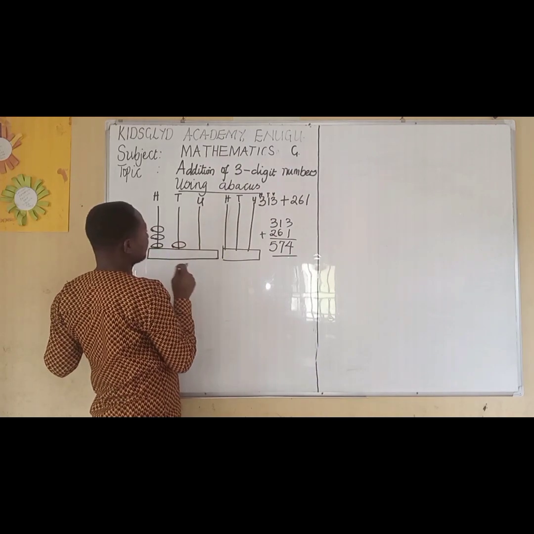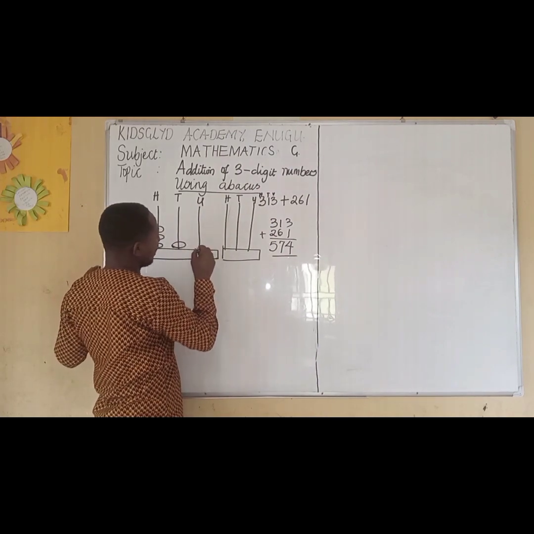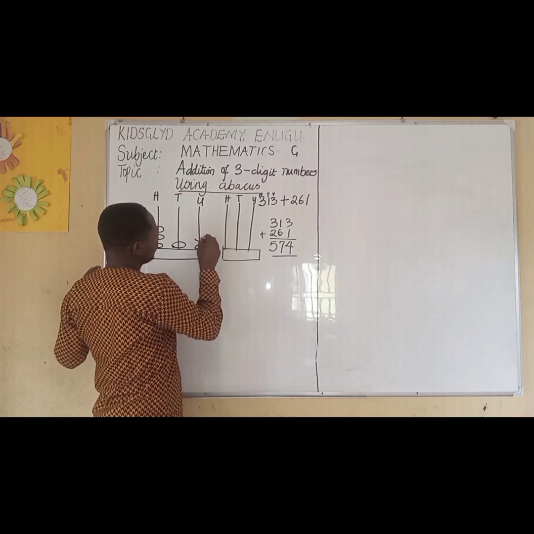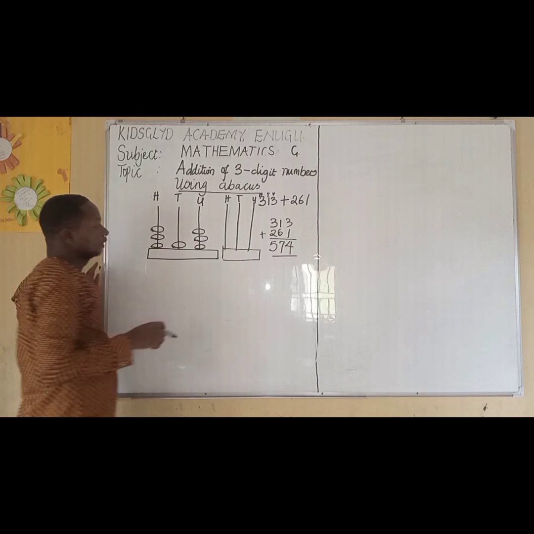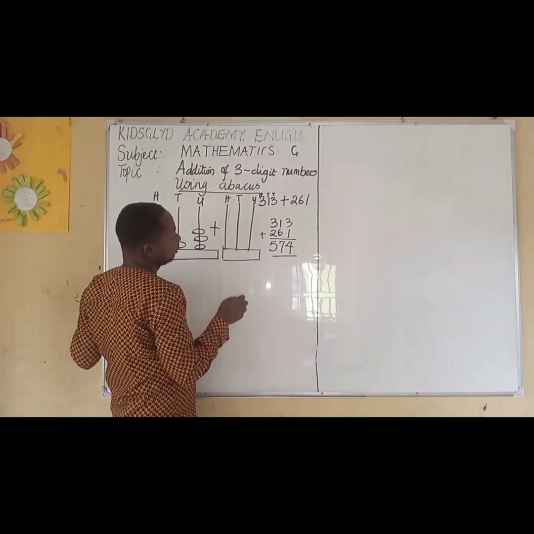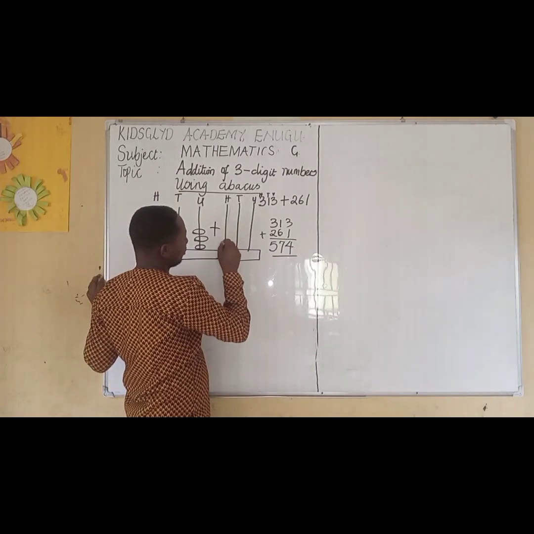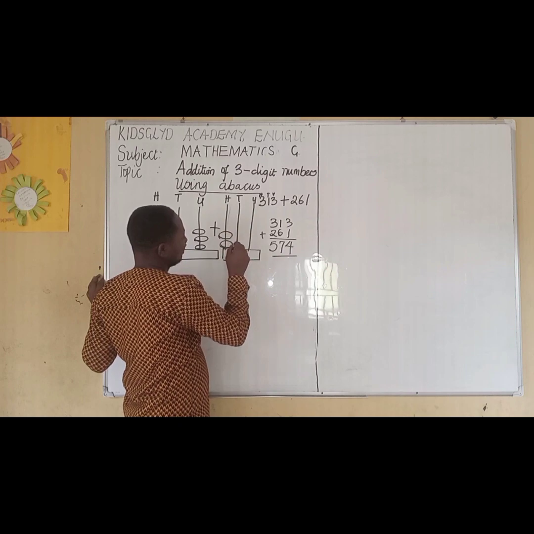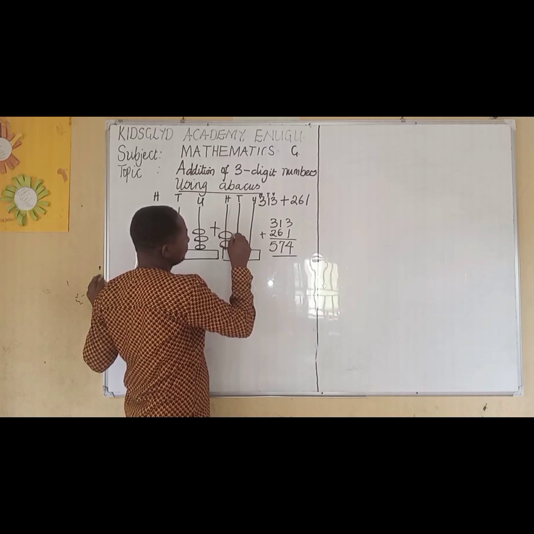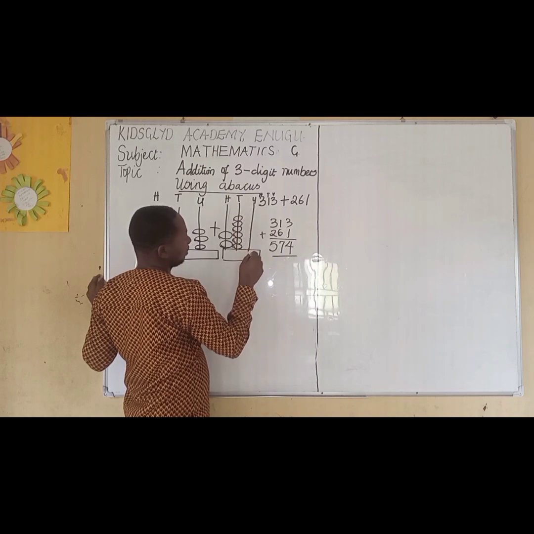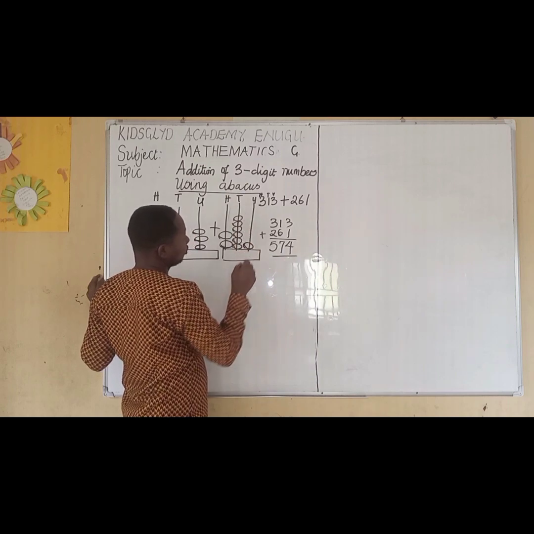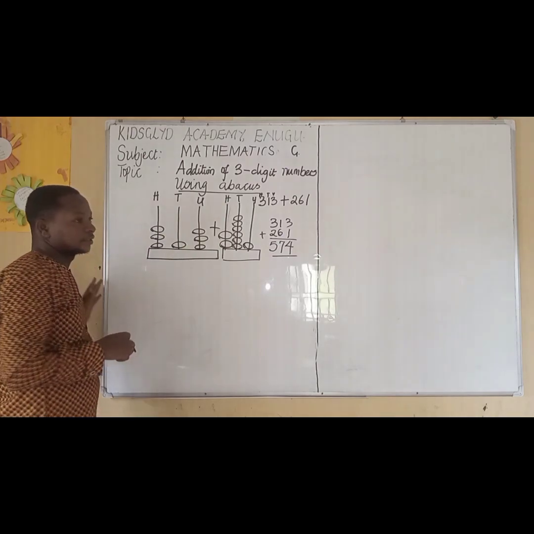That's 300, 1 ten, and 3 units. That's for the first one. Then we'll add it to this 261: 200, 6 tens, and 1 unit.